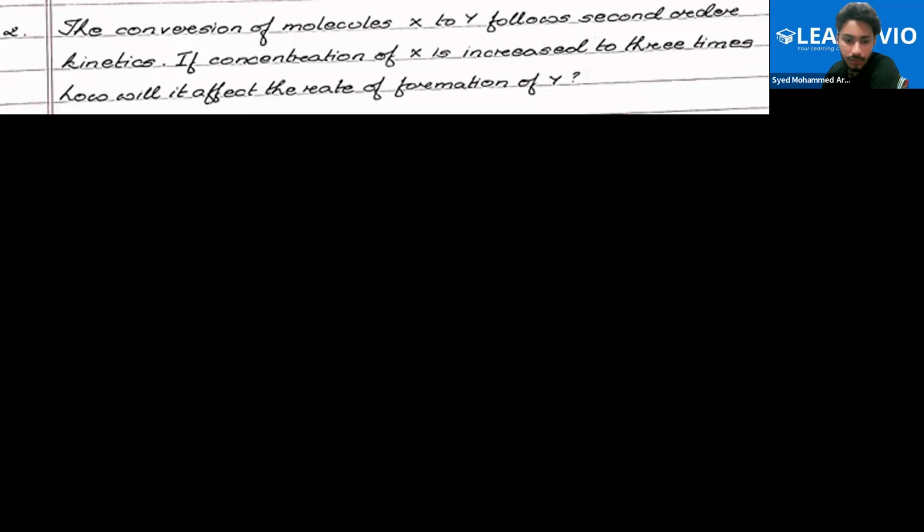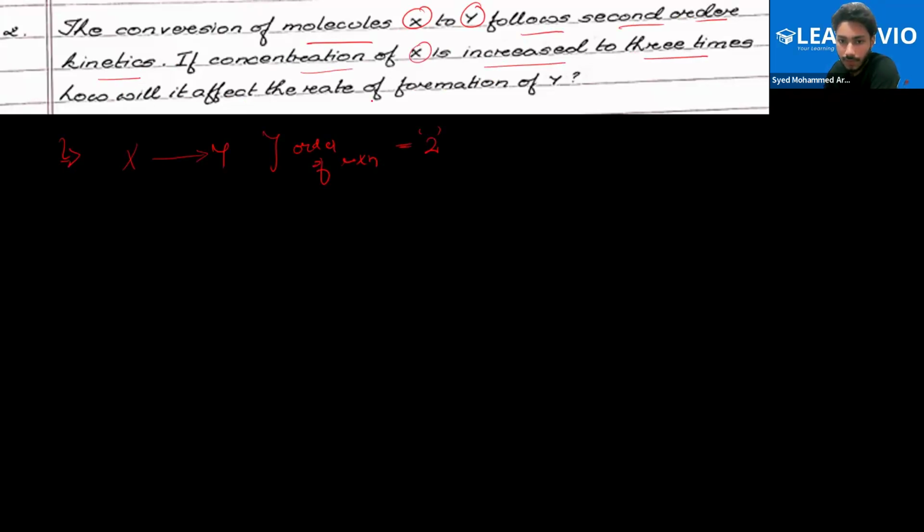See, what is given to me is that the conversion of molecules X to Y follows second order kinetics. It means that it is a second order reaction. So basically X is converting into Y, and the order of reaction is 2. So the concentration of X is increased to 3 times.